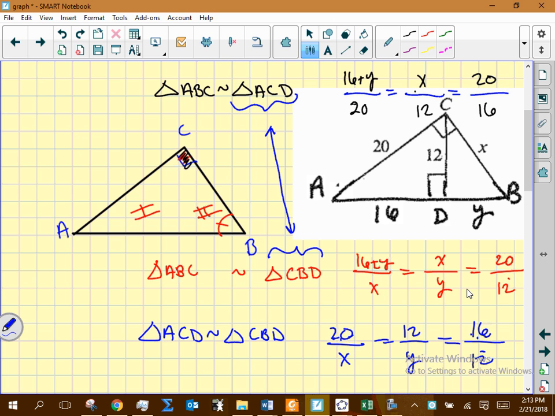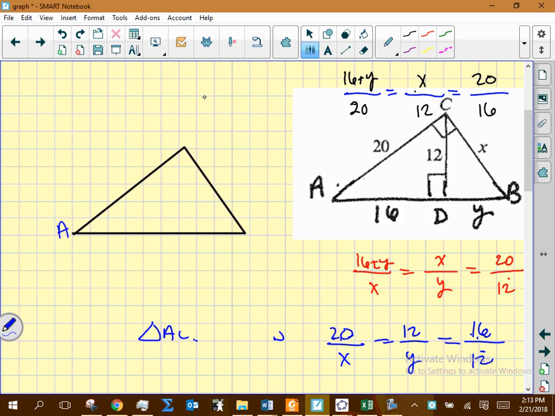And when you start plugging those things in then, okay, let me just clean a little bit of this stuff up here. If I had x to be 15 and y to be 9, that makes this to be a 25 up here, doesn't it? So we have 25 over 20.